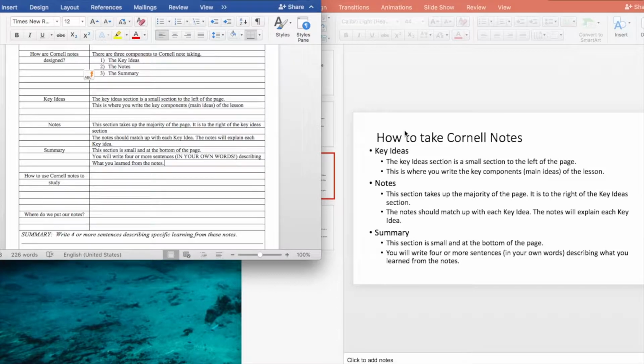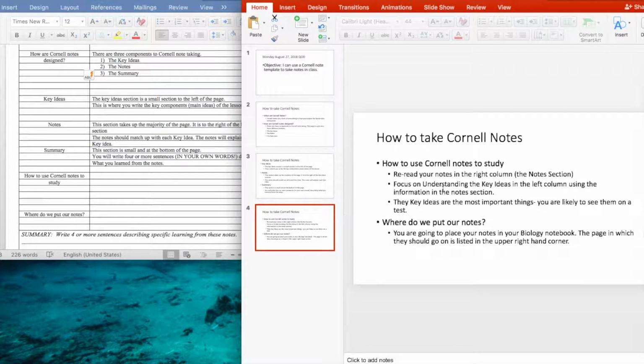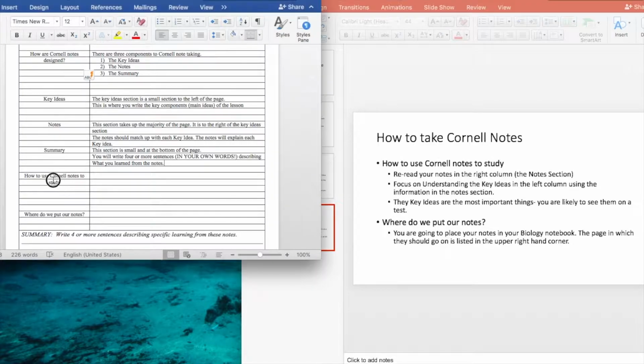Moving on, we're almost done taking notes today. Our next key idea is how to use these Cornell notes to study. So how are we going to use these Cornell notes to study? The first step is to go through and reread your notes in the right-hand column, or the note section.